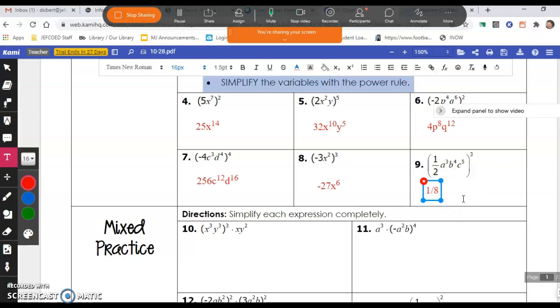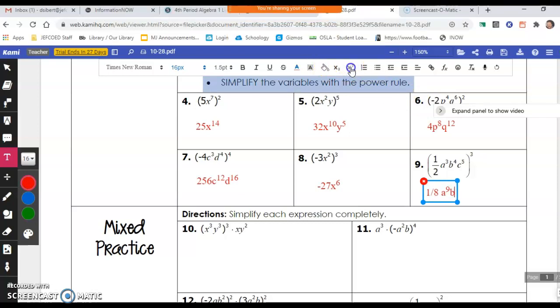There we go. A, and we said to the power of 9. B, power of 12. And C raised to the power of 15. There we go. All right, good.